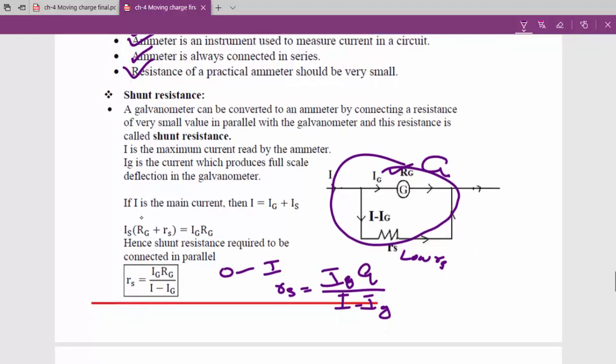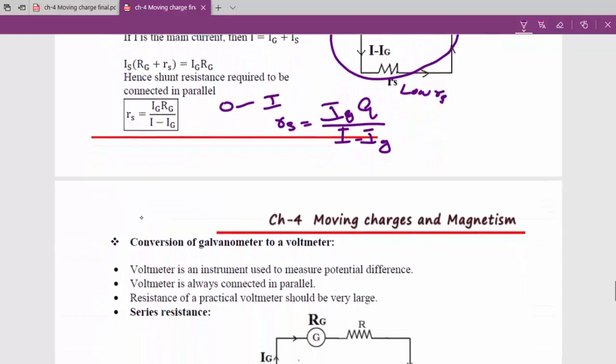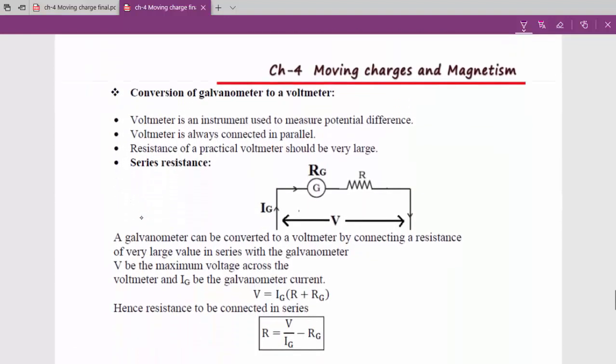Now after this we go for the conversion of galvanometer into voltmeter. Now let us quickly study the principles of voltmeter. A voltmeter is an instrument used to measure potential difference, voltage.